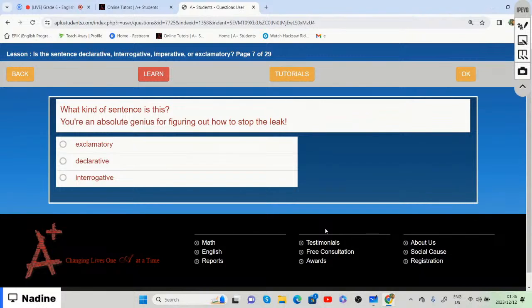Well done, everybody. You're an absolute genius for figuring out how to stop the leak. We need to say what type of sentence this is.